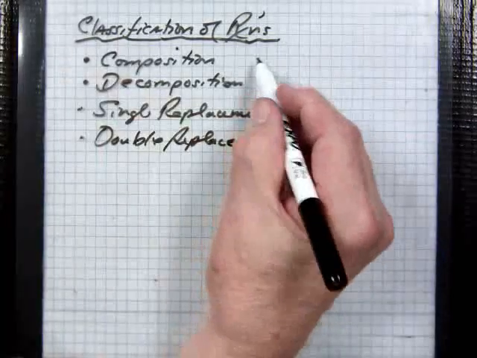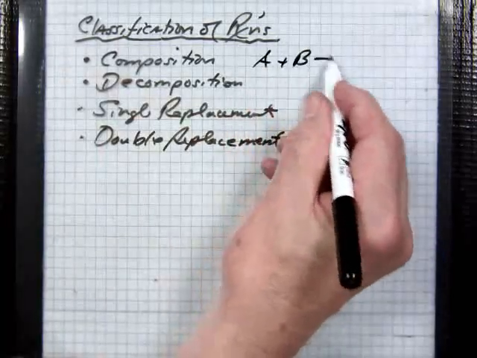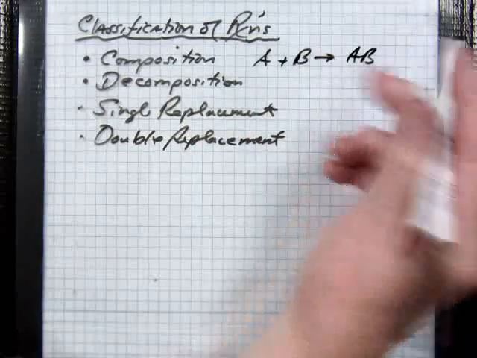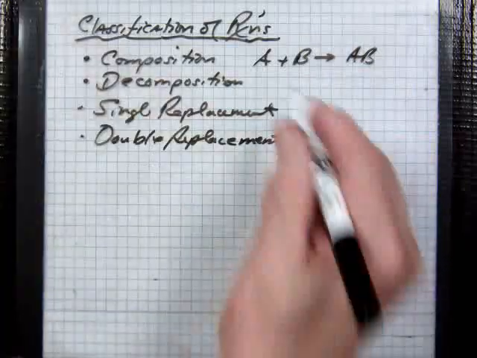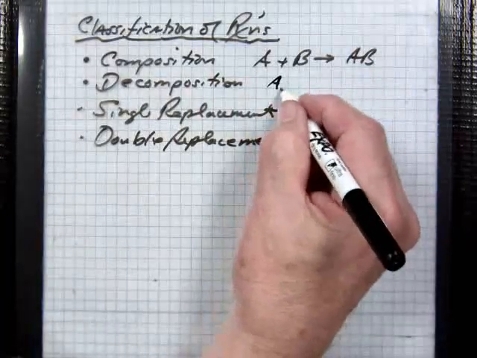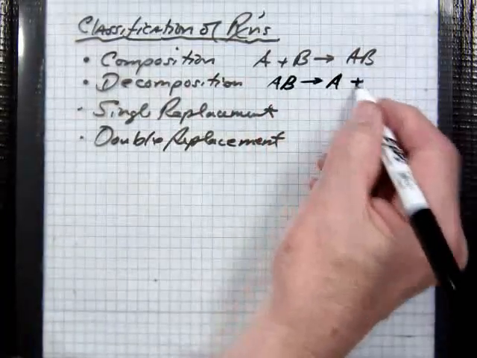In the composition, A plus B goes to AB, and you have fewer components after the reaction is completed. In a decomposition, you have more components after the reaction is completed.